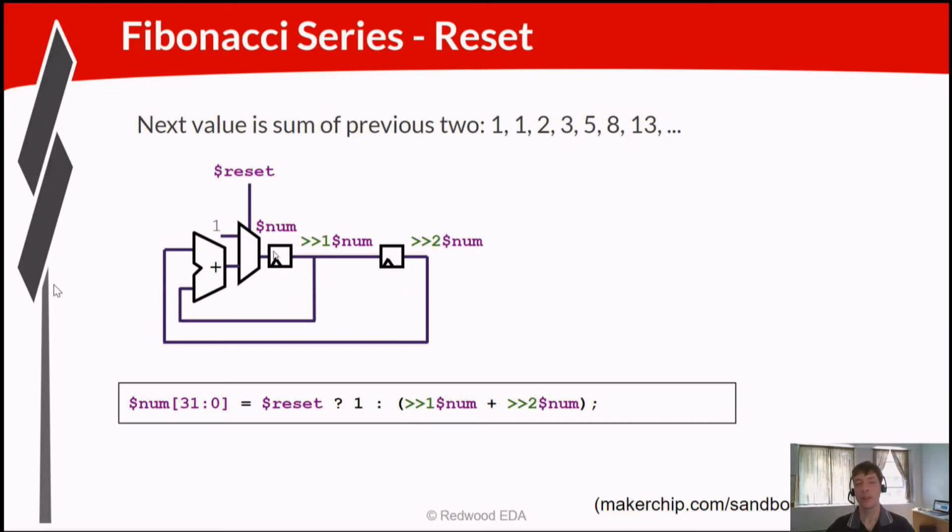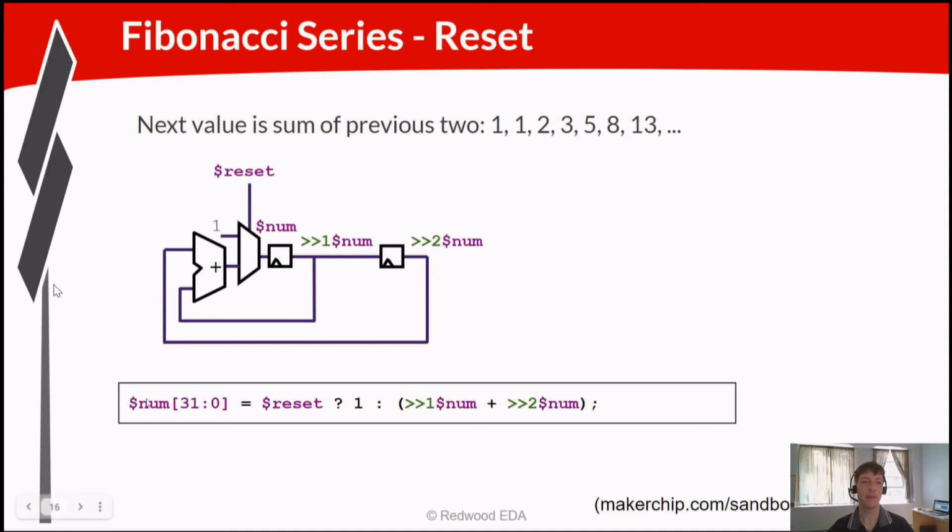Now, if we were doing this in RTL, we would explicitly have a flip-flop, this flip-flop, this flip-flop. We would explicitly have signal declarations, not only for num, but also for the previous version of num and the previous previous version of num. In TL-Verilog, we need none of those things.